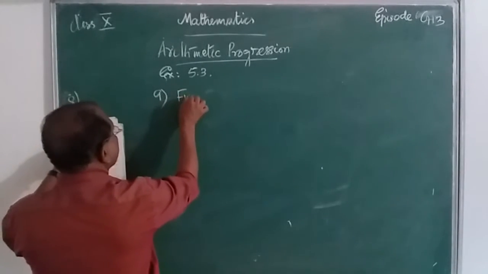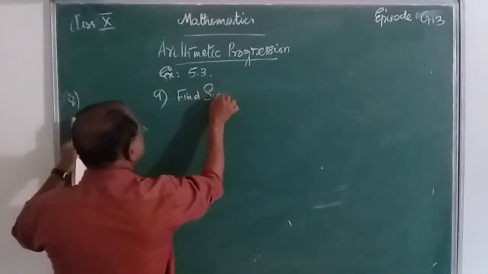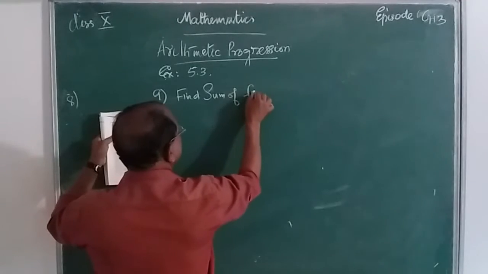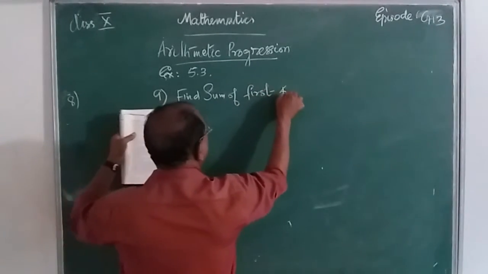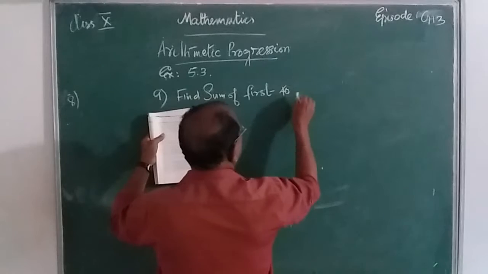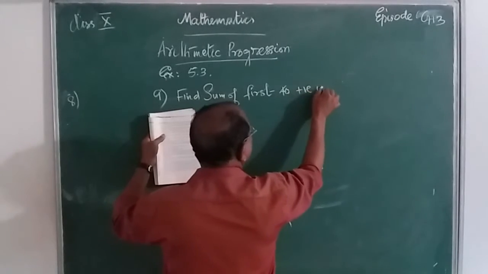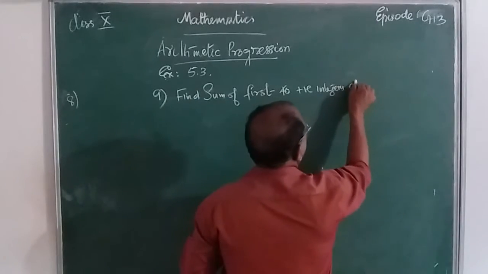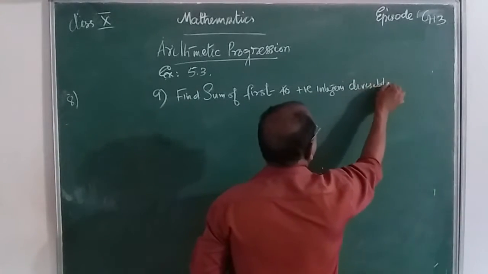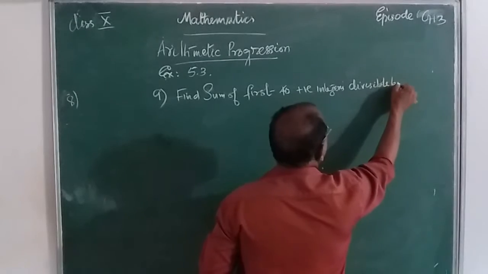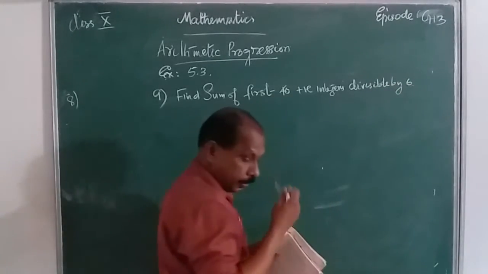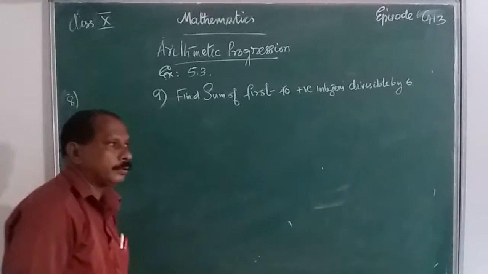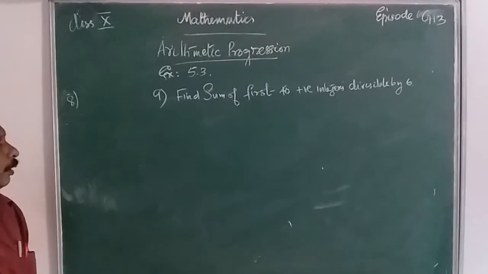Find the sum of the first 40 positive integers divisible by 6. Integers are 0, 1, minus 1, 2, minus 2, etc. The positive integers are 1, 2, 3, etc.